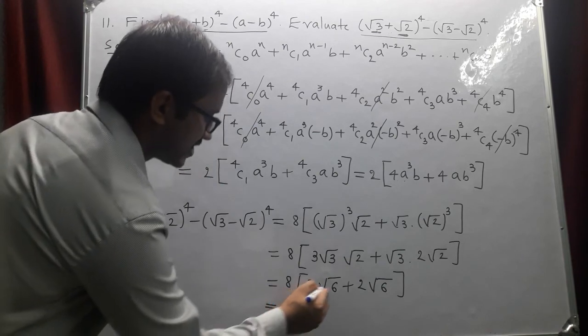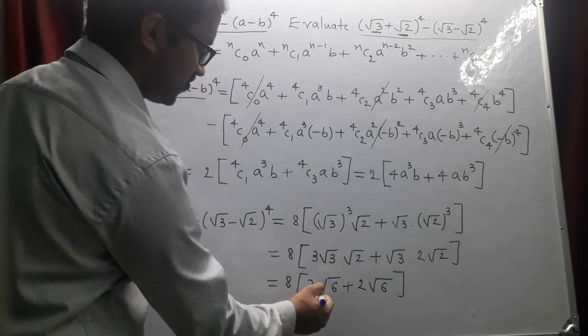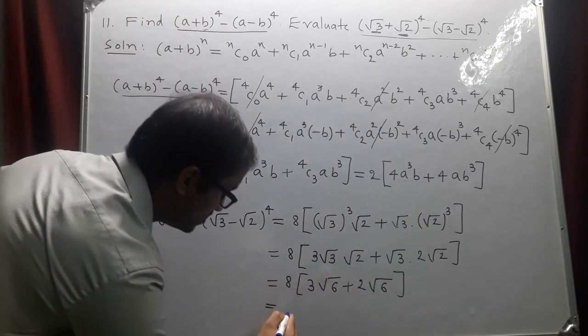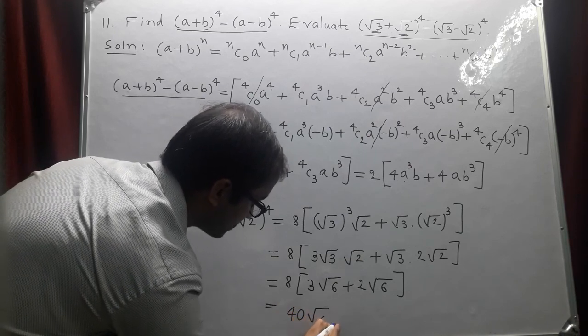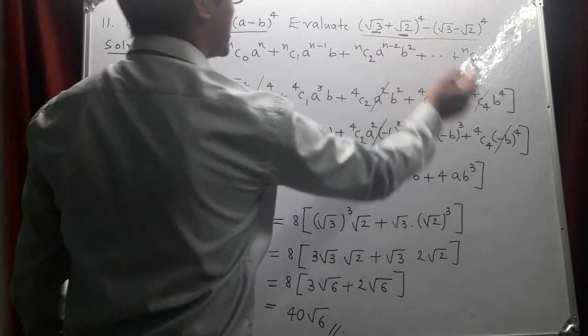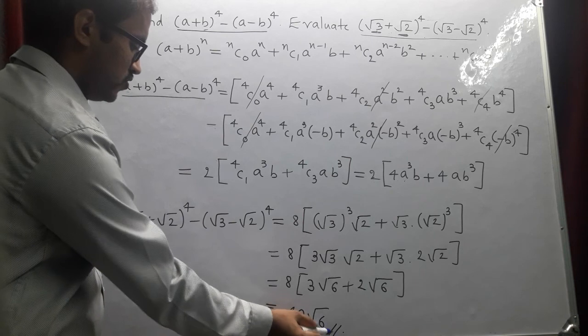So that is 3 plus 2, 5, 5 root 6. 5 into 8, that is 40 root 6. So if you expand this expression, you will get 40 root 6.